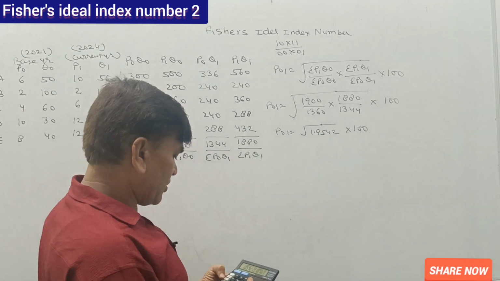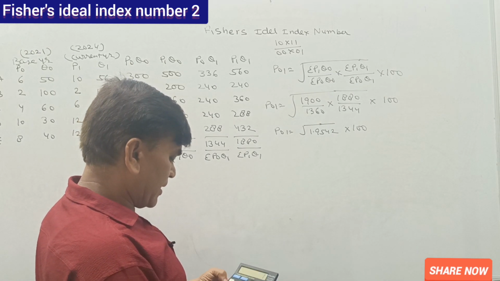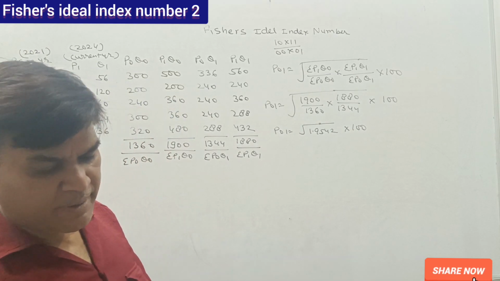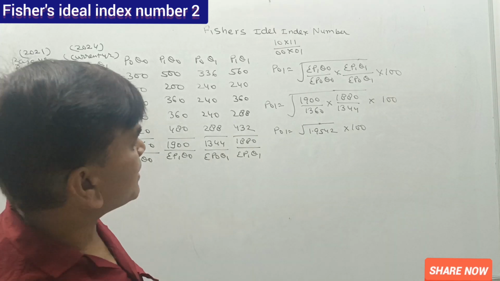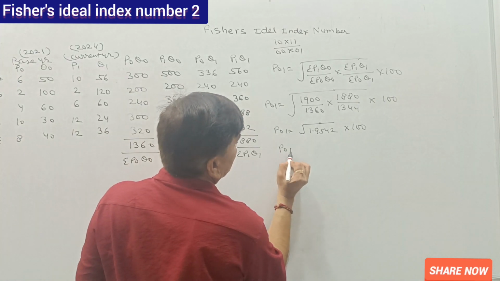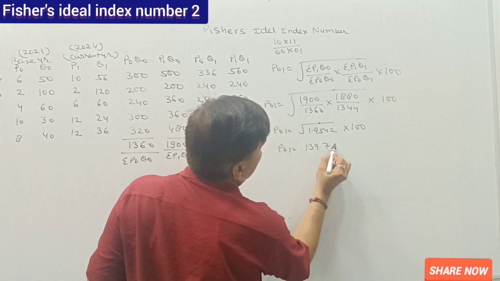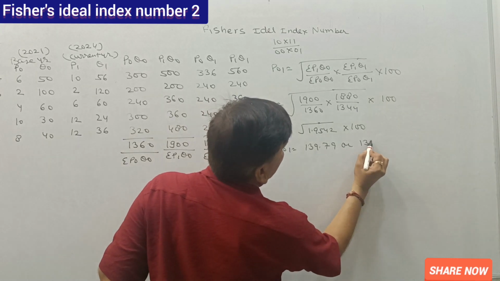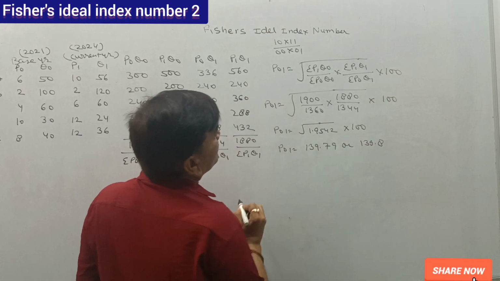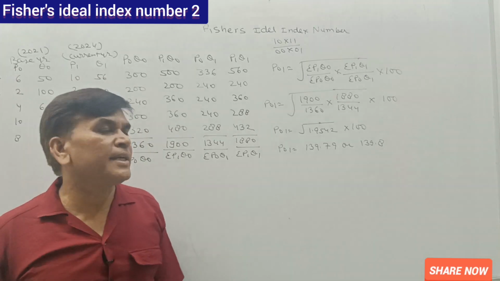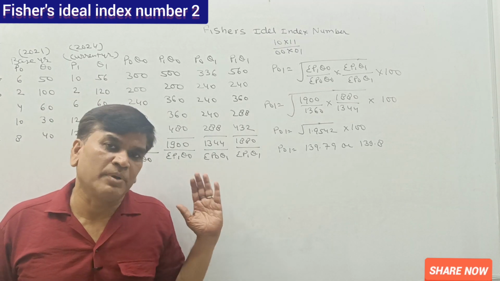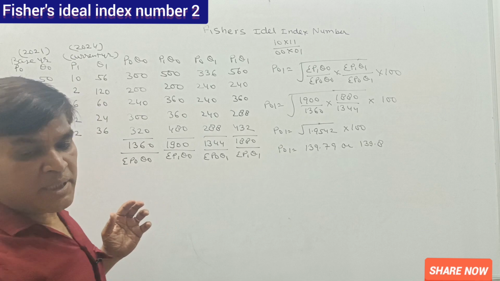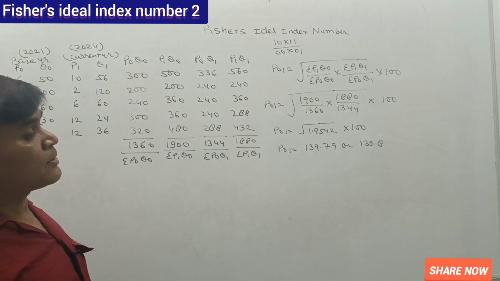So getting the square root of this and multiplying by 100, we have 139.79. So the answer is 139.79, or we can write 139.8. So this is the Fisher ideal index number. Now it is called the ideal index number.